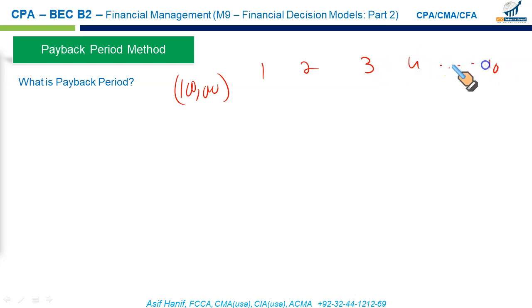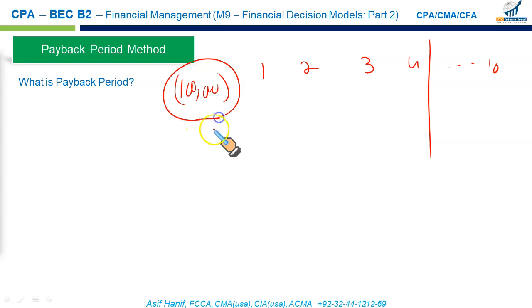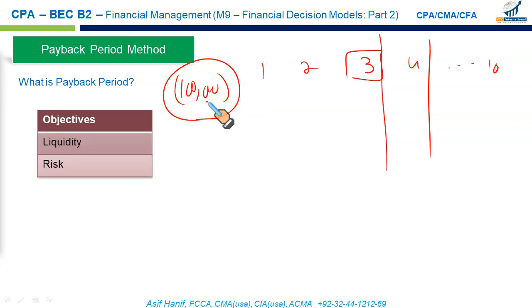After how many years will I be able to recover my initial investment? After how many years will my initial investment be recouped? This is what you call the payback period. Let's say it's 3 years, it means within 3 years I will recover my initial investment. So the period within which the amount you invested is recovered is called the payback period.